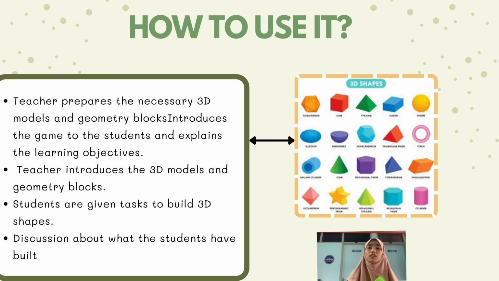Students can also be tasked with folding paper to create nets and then folding them into 3D shapes. After the activity, the advantage is that it helps students visualize 3D shapes more clearly and enhances their understanding of the properties of geometry shapes.